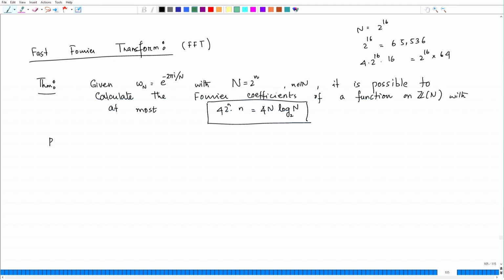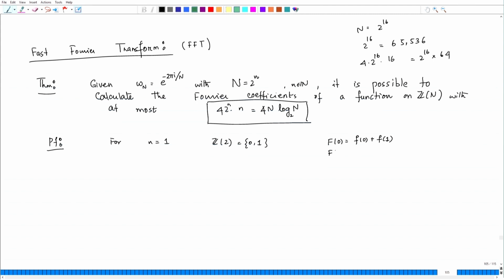So, the proof is by induction. For n equal to 1, we are working in Z 2, which is 0 and 1. If you calculate f hat 0, this is half of f 0 plus f of 1.